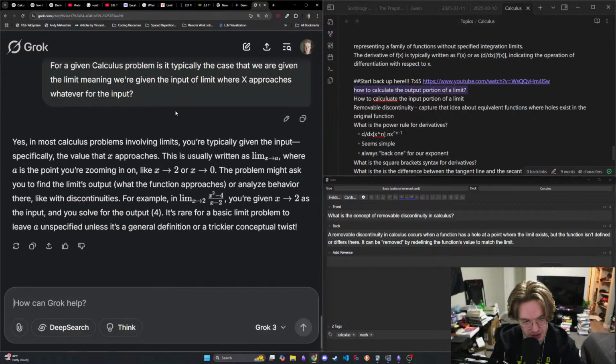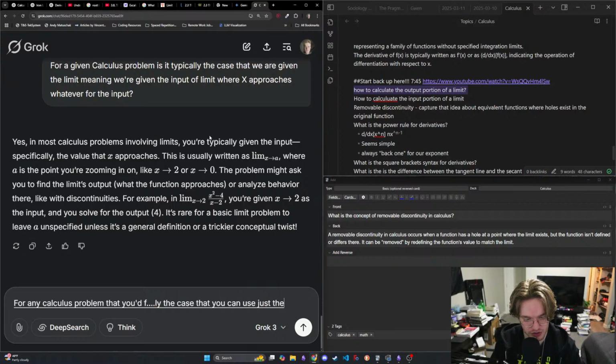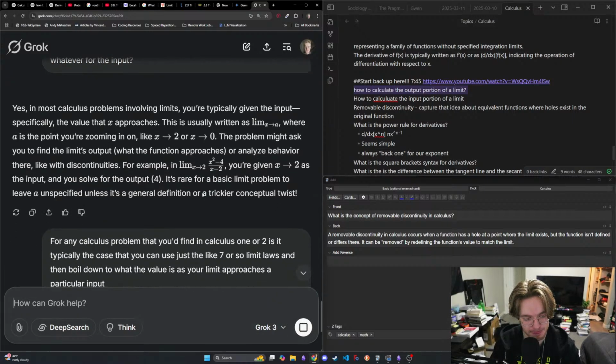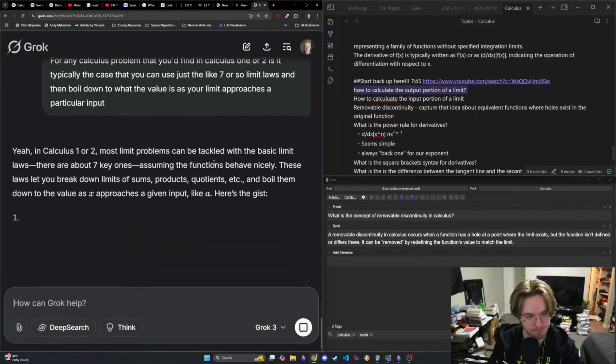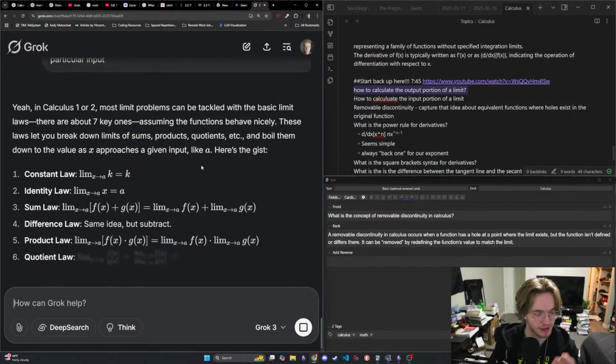For any calculus problem that you'd find in Calculus 1 or 2, is it typically the case that you can use just the seven or so limit laws and then boil down to what the value is as your limit approaches a particular input? Okay, perfect.